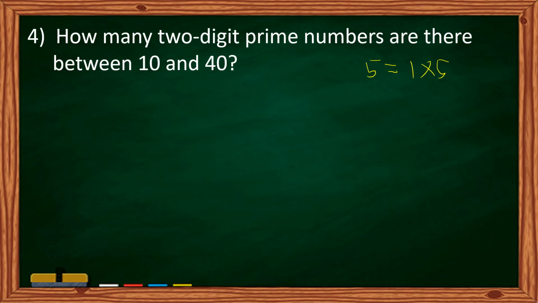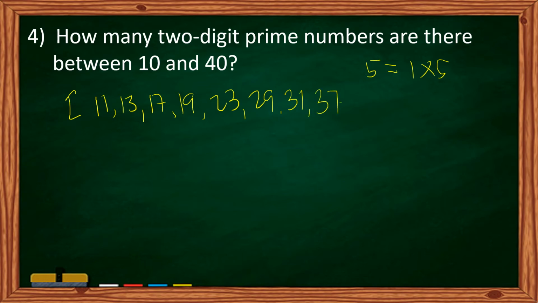So ang problem natin, hahanapin yung two-digit prime numbers between 10 and 40. So if you are going to list down all the prime numbers between 10 and 40, so we have 11, 13, 17, 19, 23, 29, 31, and 37.